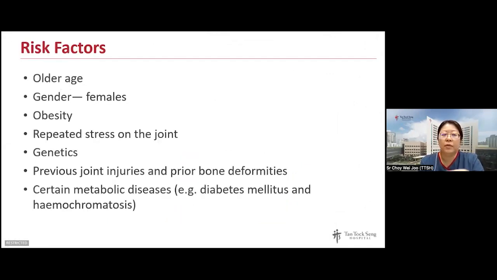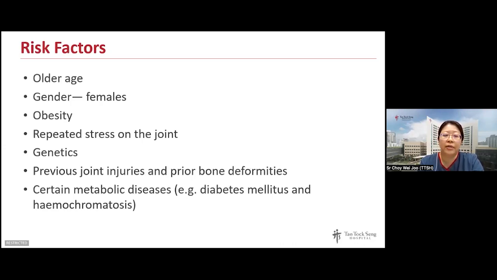So who are the people prone to get osteoarthritis? The older people: the chance of getting osteoarthritis increases with age, and women are more likely to develop osteoarthritis, although it's not clear why. Carrying extra weight also contributes, so bigger-sized patients have more risk. Repeated stress on the joints, like people who walk a lot or carry weights, also contributes. Genetics: if the parent has a history of osteoarthritis, the next generation also has a higher risk. Previous joint injuries: sportsmen who got injuries from overstrain, or accidents or fractures, also have a higher risk.